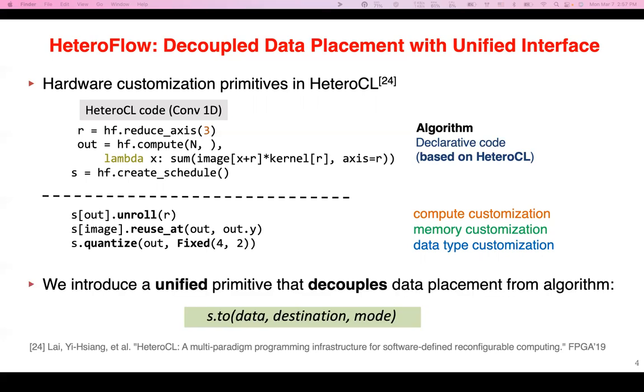HeteroFlow further extends HeteroCell with this new .to primitive to provide a unified programming interface for decoupled data placement. This .to primitive captures the interdependence between memory and compute at different design levels. We will show more details in the following example.